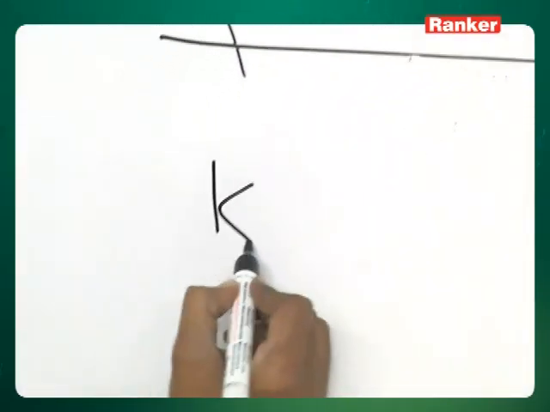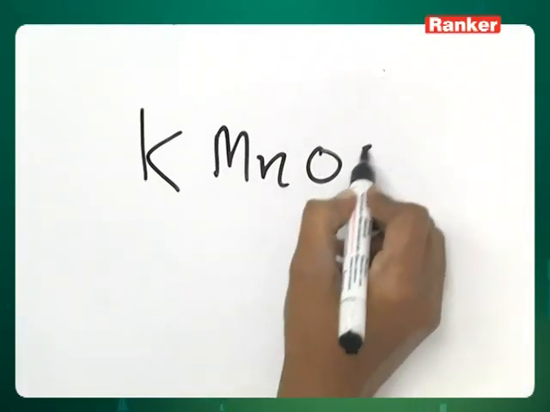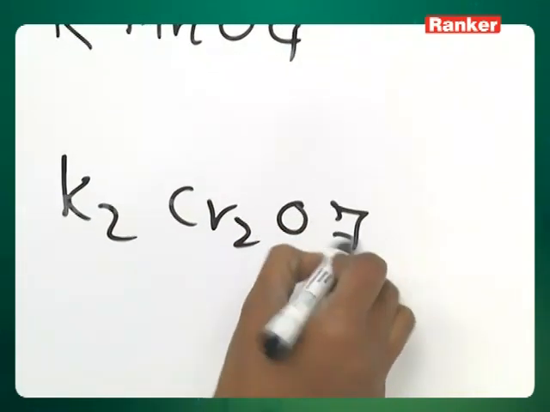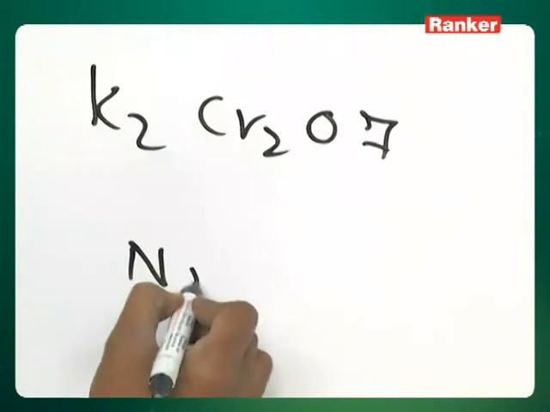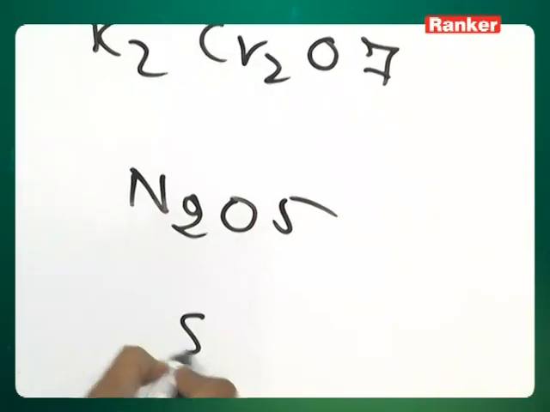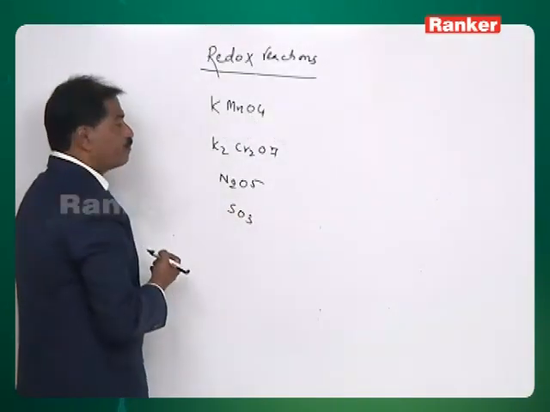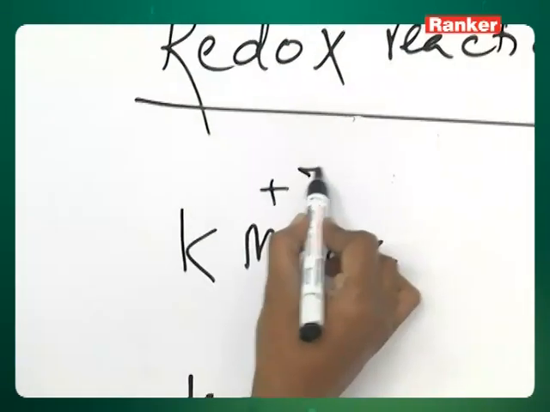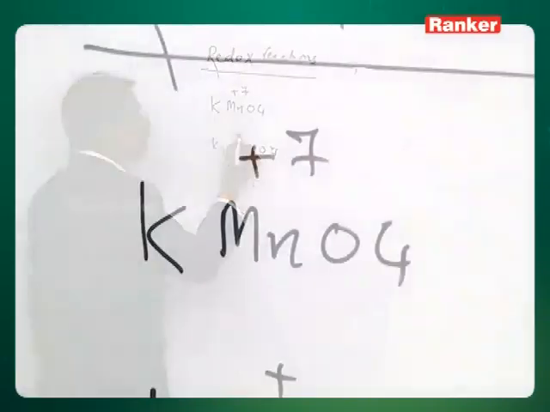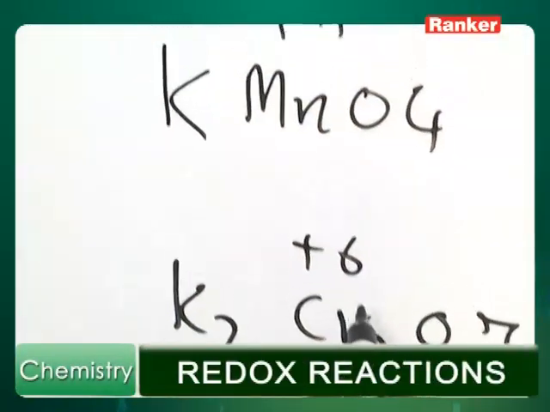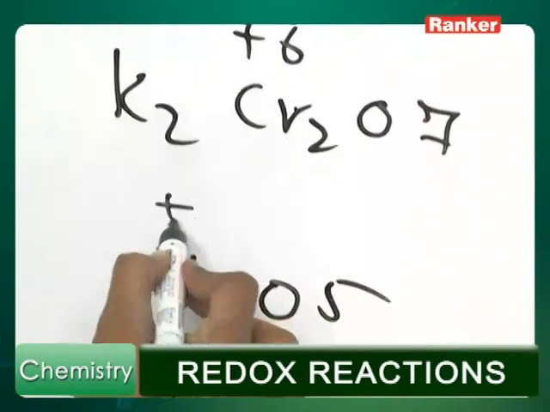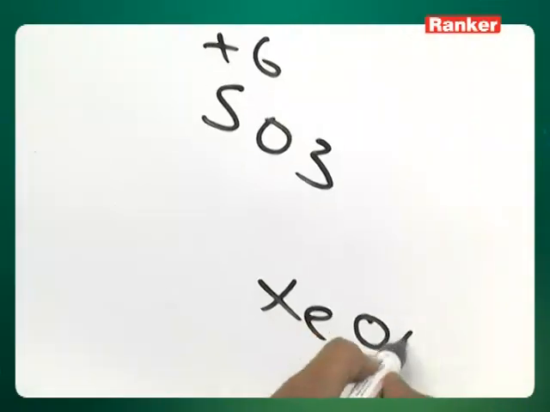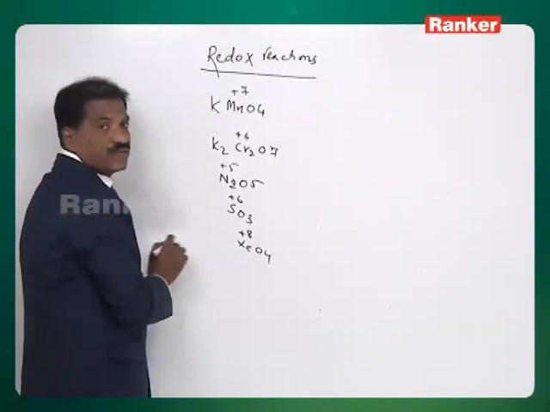For example, KMnO4, K2Cr2O7, N2O5, SO3. Here, in all these molecules, first identify the oxidation state of the central atom. For manganese it is +7, for chromium +6, for nitrogen +5, for sulfur +6, and similarly for XeO4, the oxidation state is +8.